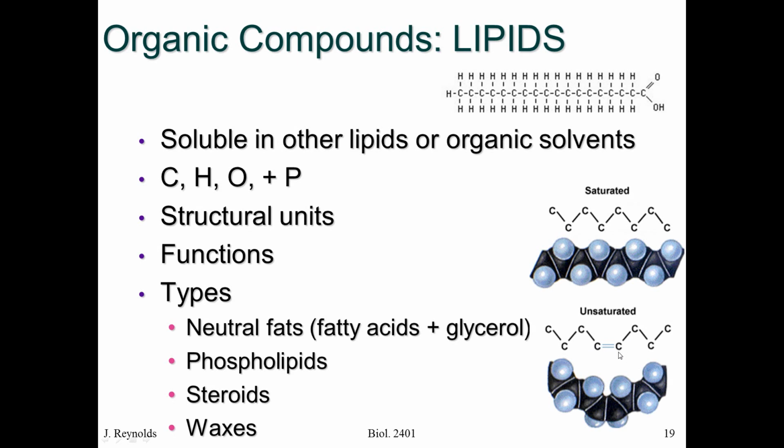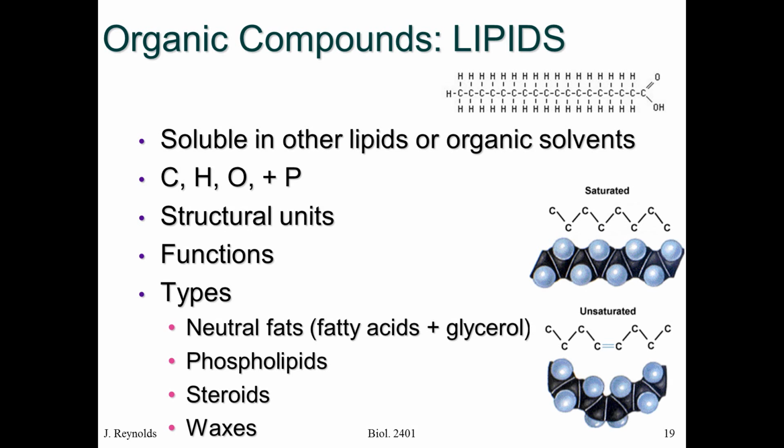It only needs 1. So each of these double bonded carbons is only going to attach to 1 hydrogen, whereas the single guys up here in the saturated fat can attach to 2 hydrogens. Keep in mind, 4. It needs 4. So in other words, an unsaturated fat has less hydrogen.